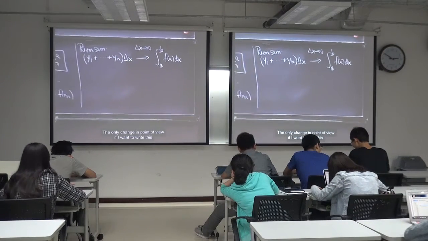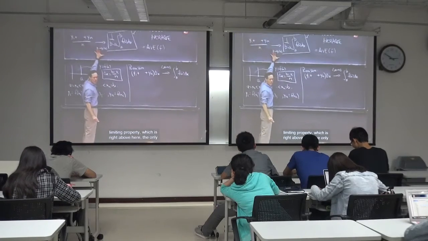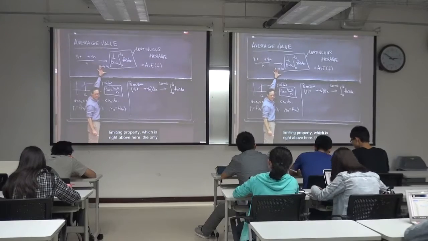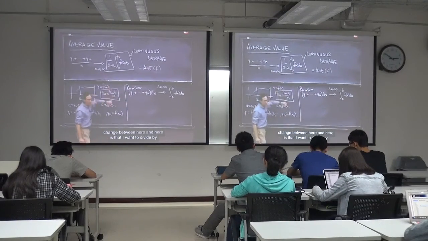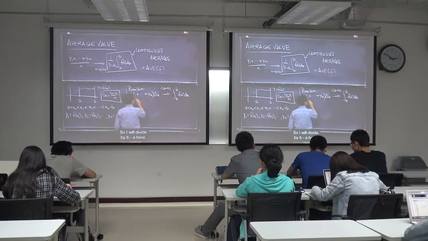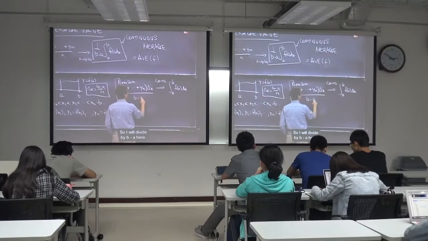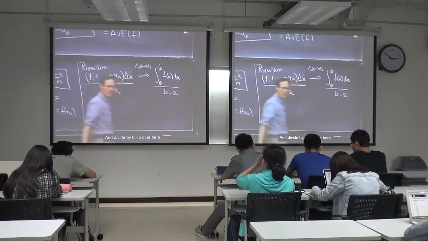The only change in point of view, if I want to write this limiting property, which is right above here, is that I want to divide by the length of the interval, b minus a. So I will divide by b minus a here, and divide by b minus a over here.